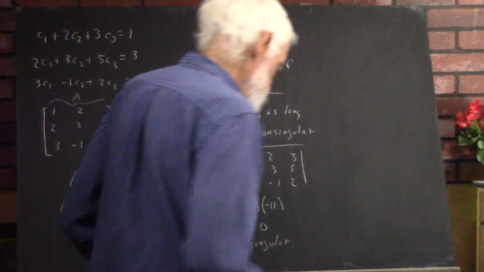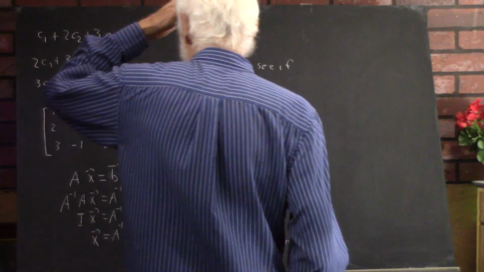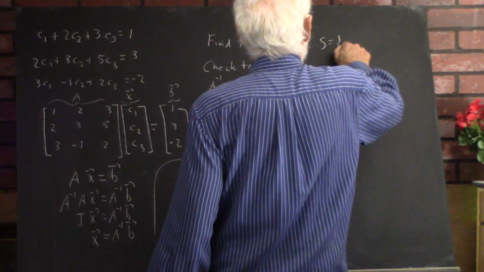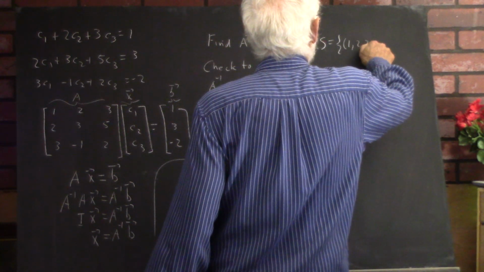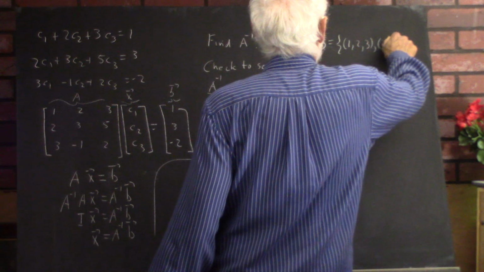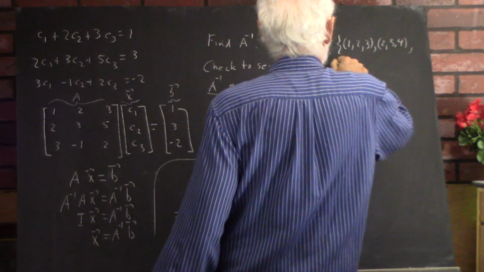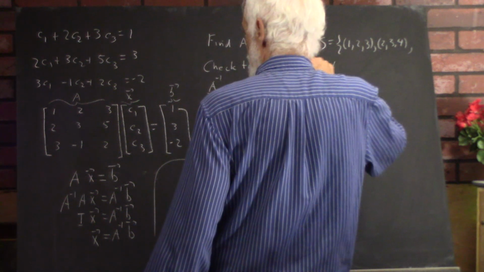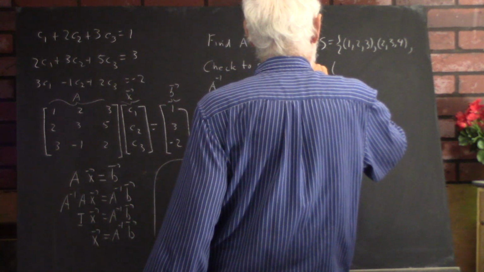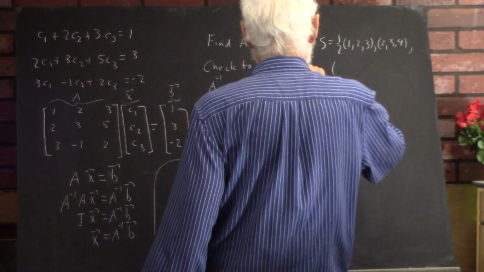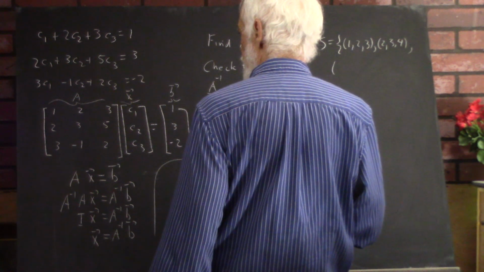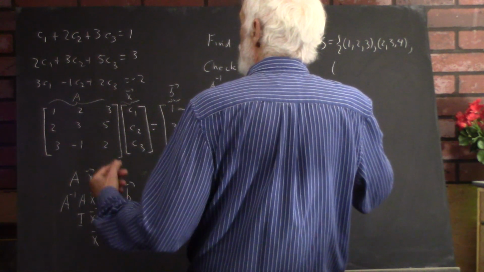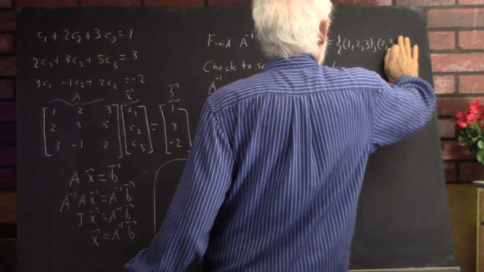Why is that? Well, our set of vectors was 1, 2, 3, 2, 3, -1, and 3, 5, 2.